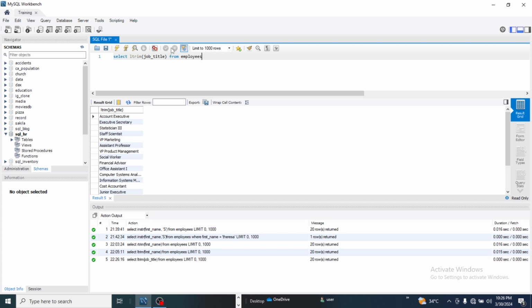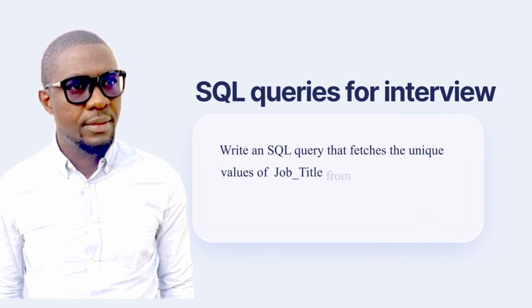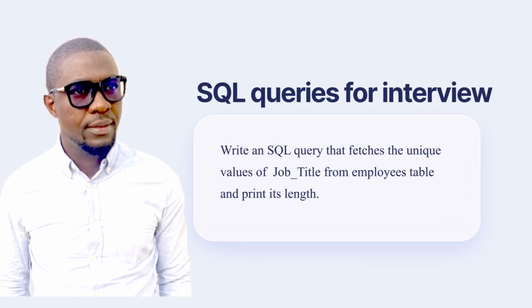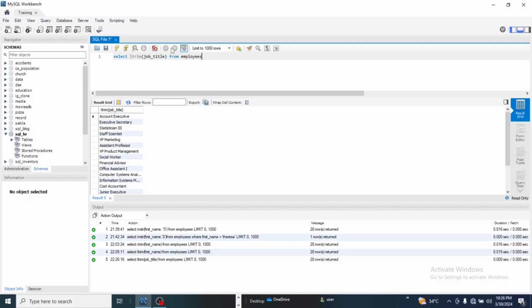Now let's talk about the next one. Now the next question says, write an SQL query that fetches the unique values of job title from employee table and prints its length. So now let's talk about this. So what this implies is that first let's talk about length.